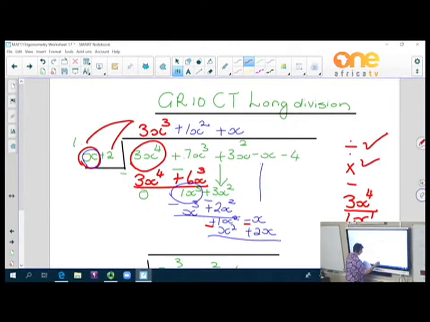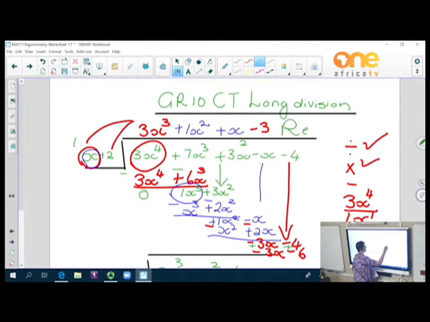So this is now negative 3x, and I bring down the negative 4. So how many times will it divide into that? Negative 3 times. If you multiply, you have negative 3x, and then minus 6. Change the second signs so it becomes positive and positive, and that means that there is a remainder of 2. There's a remainder of 2.